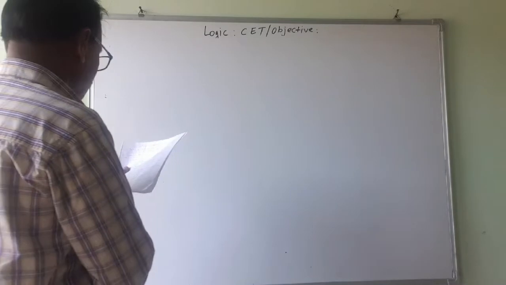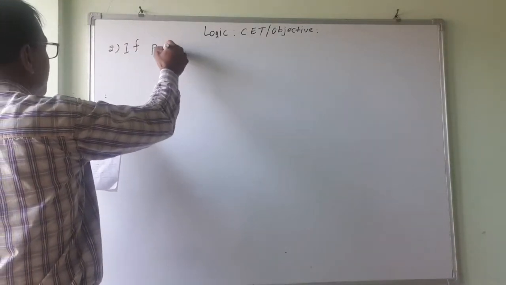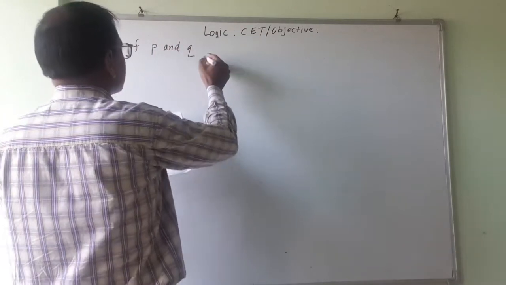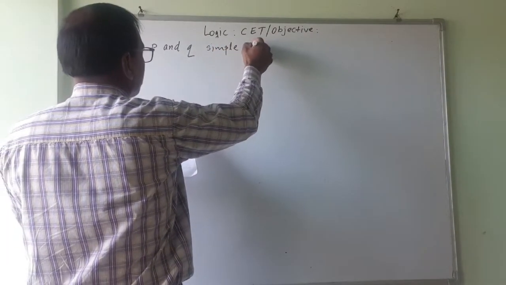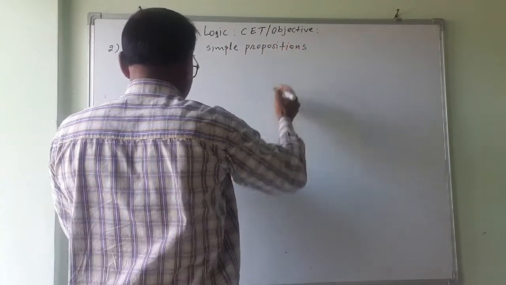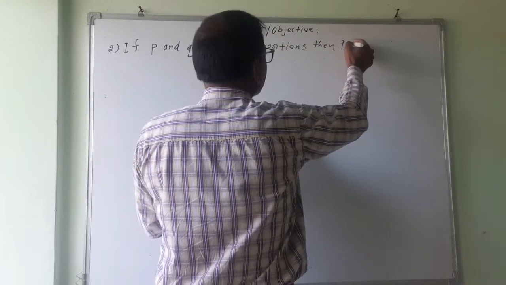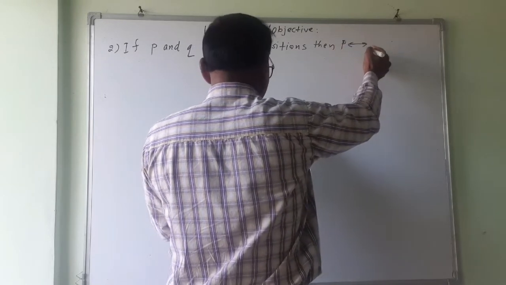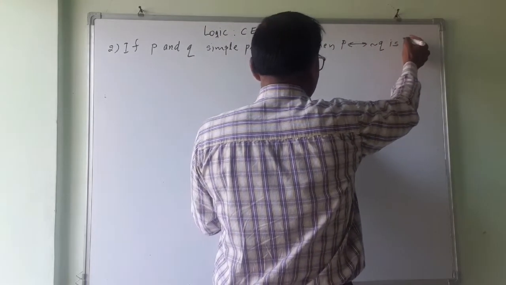Number 2, if P and Q are simple propositions, means statements, then P double implies negation Q is true.